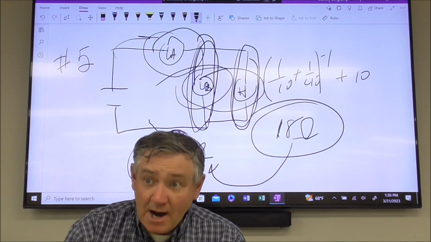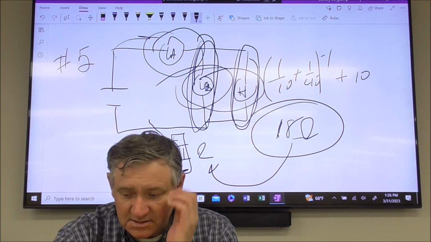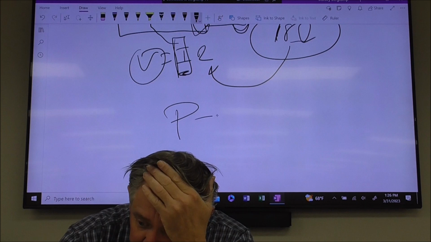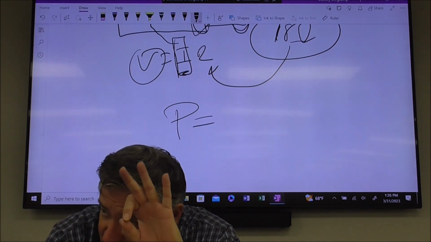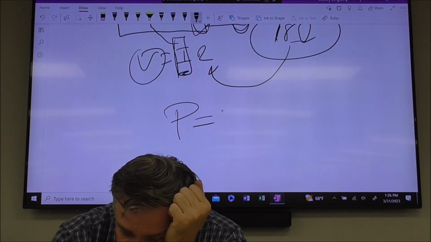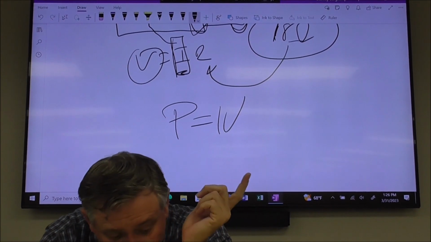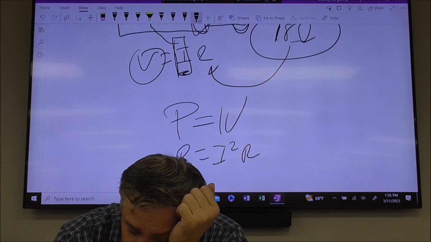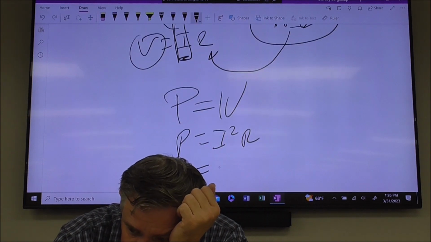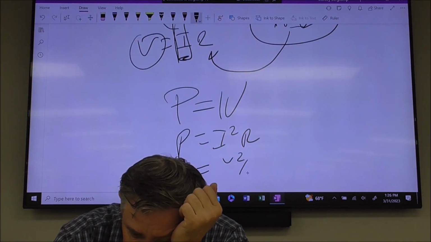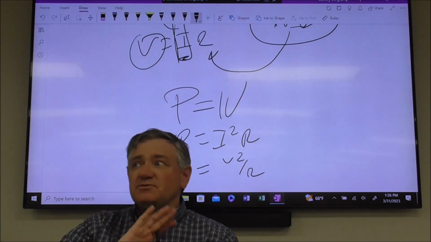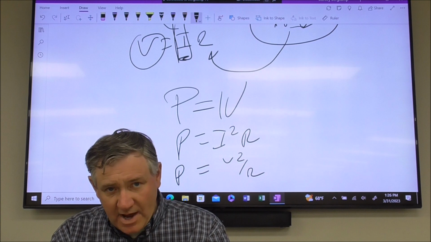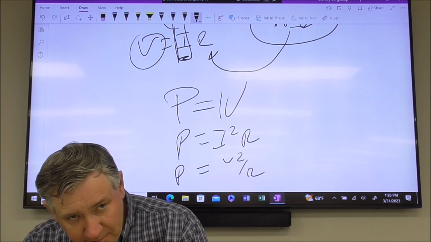Now, when you're looking at power, and power determines brightness, I can't emphasize this enough. You have to be fluent in the 3 languages of power. You've got your basic one, which is P = IV. You can also use I squared R. You can also use V squared over R. Those are the 3. And like I said, you have to pick your battles in terms of how you're going to calculate that power.